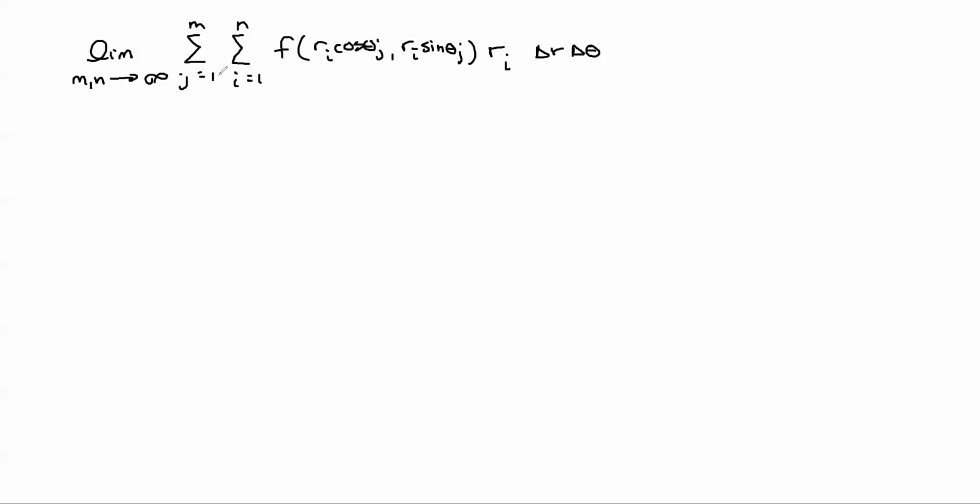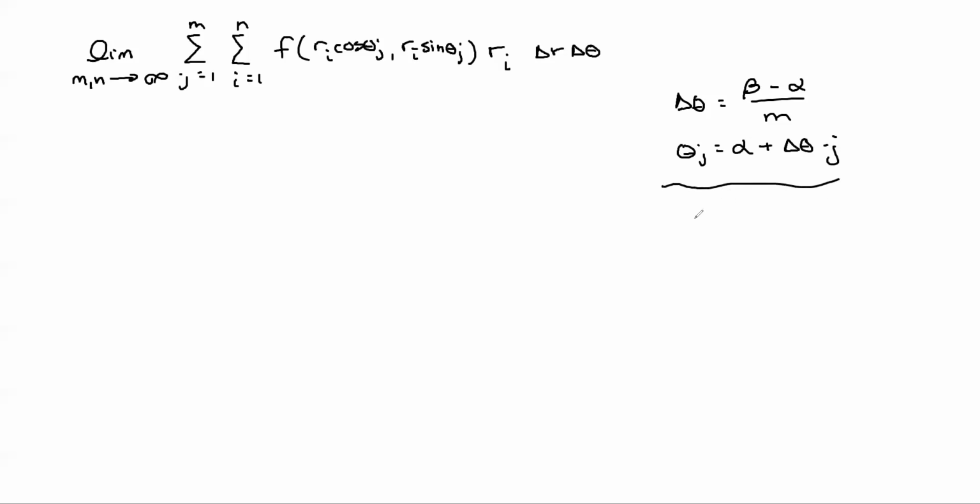So that's why the outer sum is theta, and the inner sum is r. And so also because of that, in terms of choosing our values, change in theta is going to be beta minus alpha over m, and then theta sub j is going to be alpha plus change in theta times j.